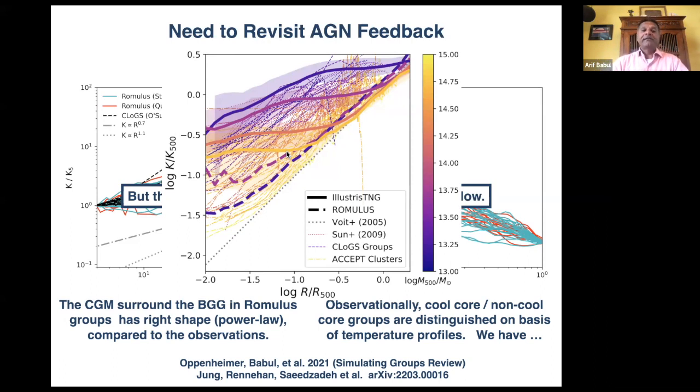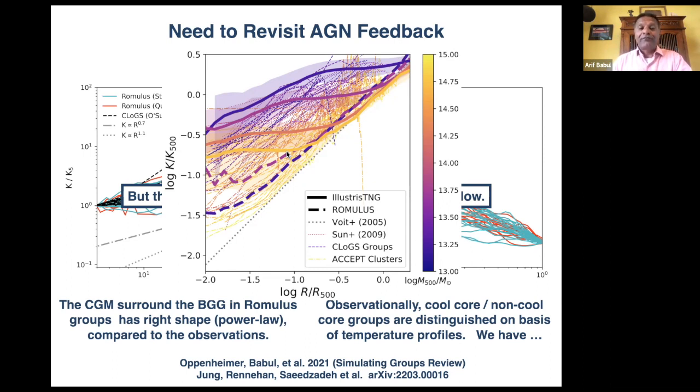All of this is suggesting that there is a critical need to go back and revisit AGN feedback and how it's being implemented. The other thing I should just mention very quickly is that for simulations that have metals in them, it doesn't matter how much metal you put in: if you have metals in a self-consistent fashion and allow for high temperature metal cooling, you find that the gas is overheated. So the solid bold lines correspond to models representative of this type that allow for high temperature metal cooling.